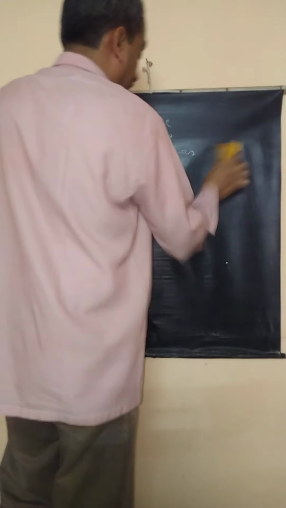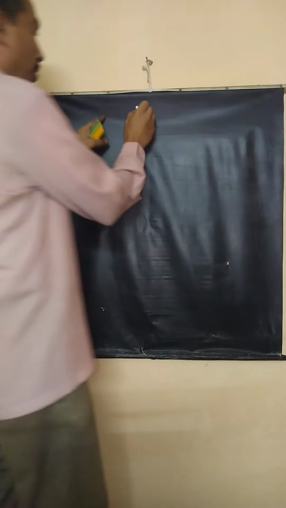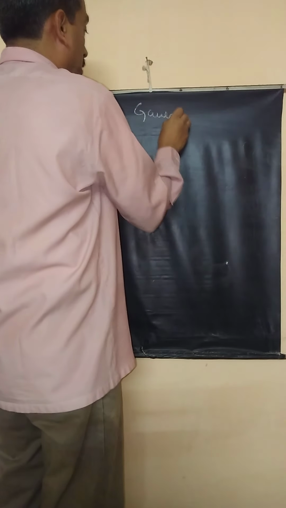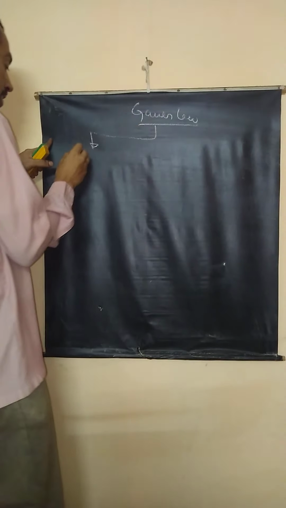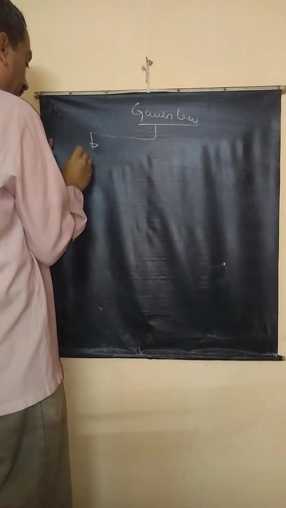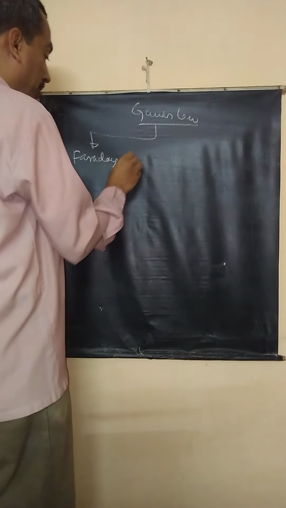Gauss developed a law to represent flux from a charge. Before Gauss law, it was Faraday who worked on electric displacement, electric flux density. Faraday conducted an experiment.